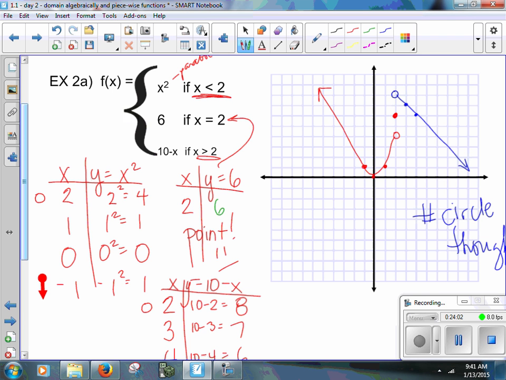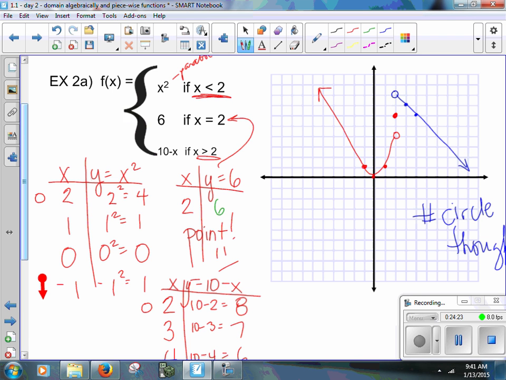What about it? It's not included right there, but it is below it. So do you agree that it's coming from where?